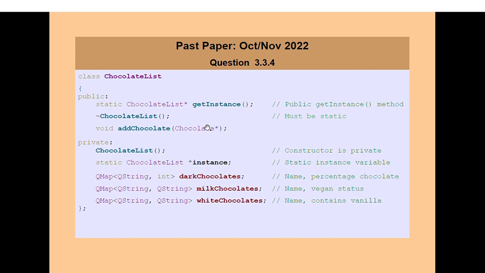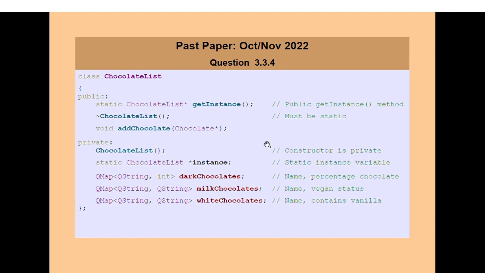We obviously then have our add chocolate method as it was before and the data members as before. But the important things are that you have a private constructor, a static data member to hold a pointer to the instance of the chocolate list, then a static method that returns that pointer to the chocolate list object.